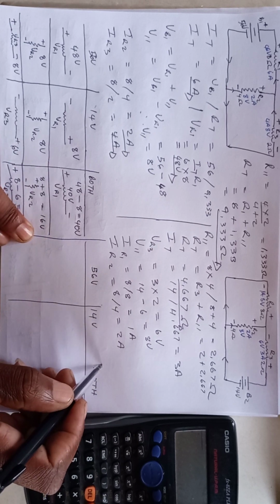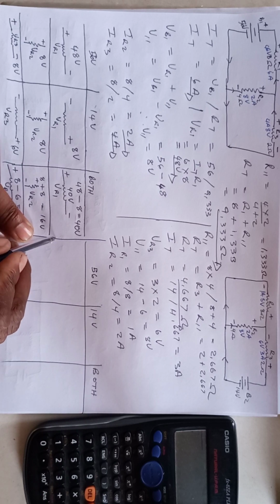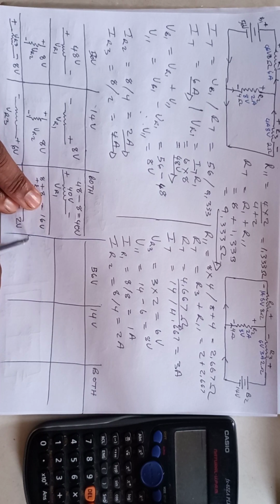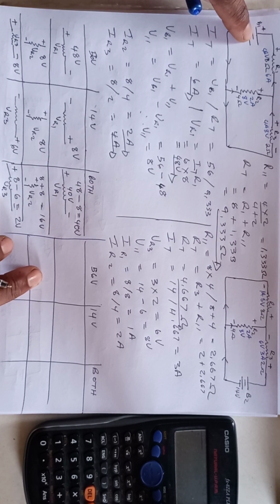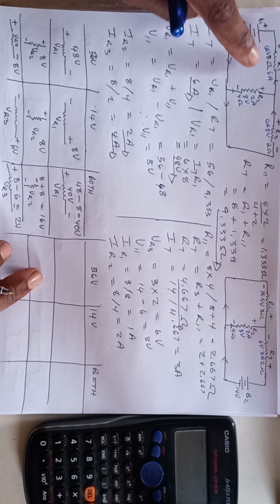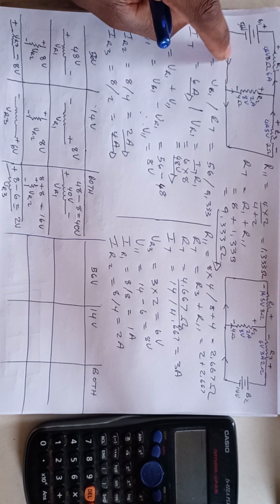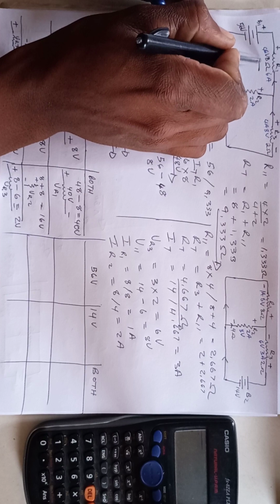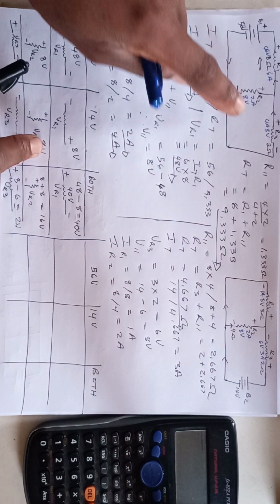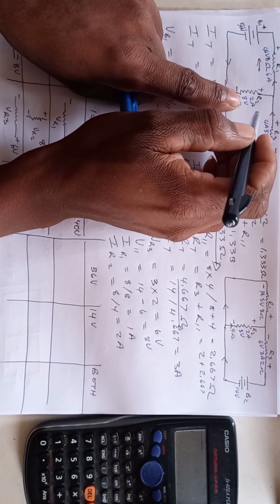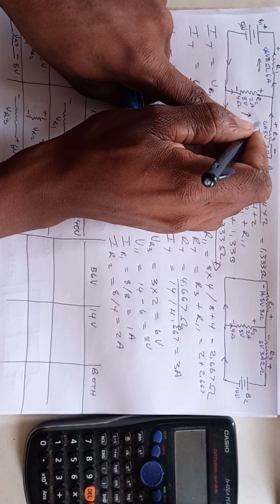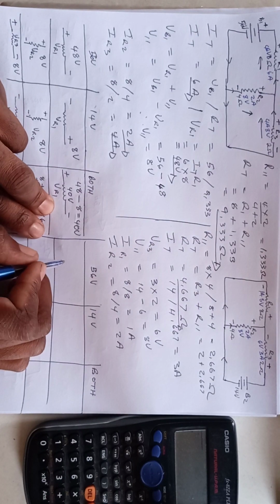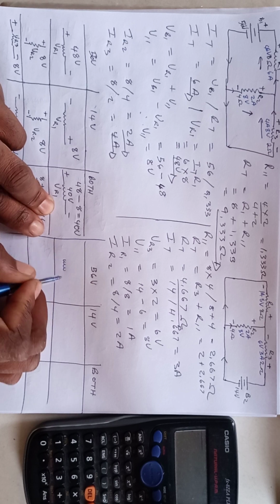The journey begins. We said we want to consider the electron flow. So what was the flow in that circuit? On R1, it was in this direction, on R2 this direction, and on R3 this direction. So let us draw these resistors here.